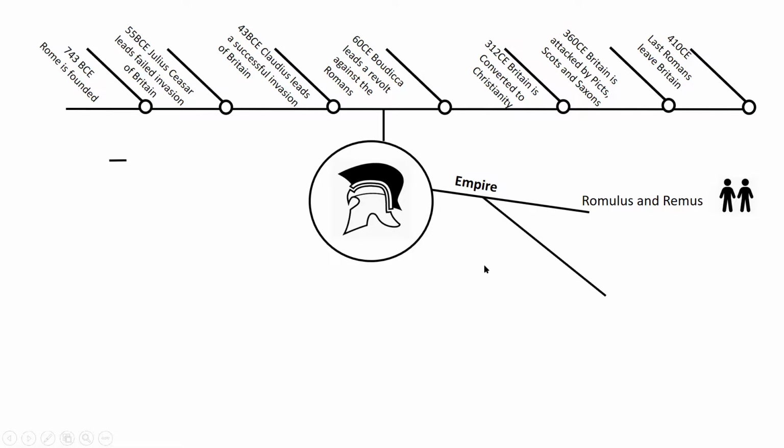Then coming off the line for empire, there's another line which says invasion on it. There were 2 emperors who invaded Britain. It's a detailed sketch of an emperor, but you can just make it quite simple. Next to it is Julius Caesar and a thumbs down to show that he was unsuccessful, and below that is Claudius and a thumbs up to show that he was successful.